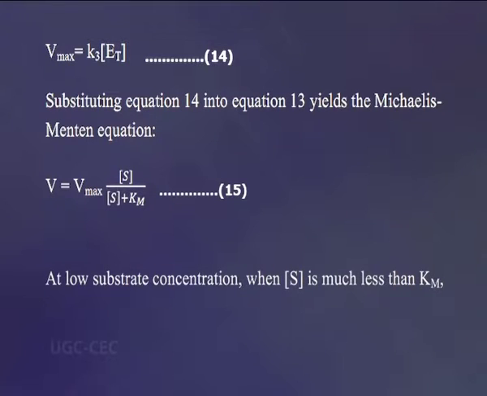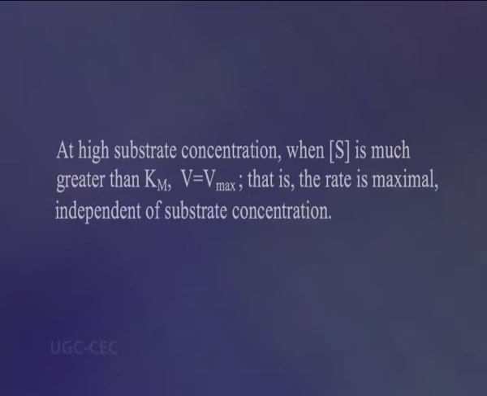At low substrate concentration, when S is much less than Km, V is equal to S multiplied by Vmax upon Km, that is, the rate is directly proportional to the substrate concentration. At high substrate concentration, when S is much greater than Km, V is equal to Vmax, that is, the rate is maximal, independent of substrate concentration.